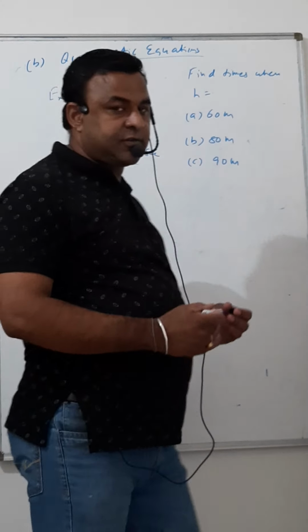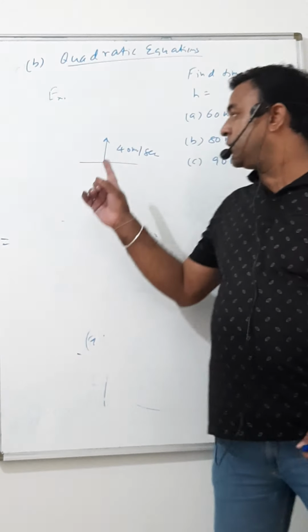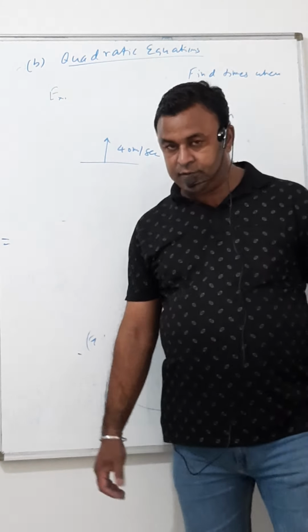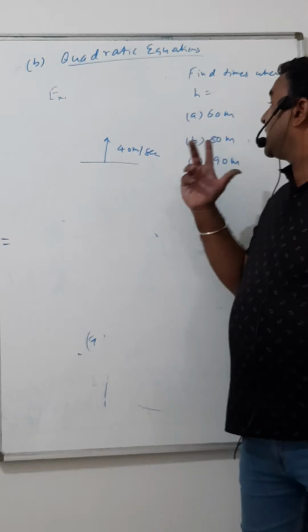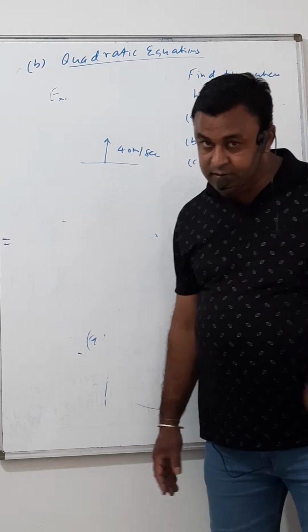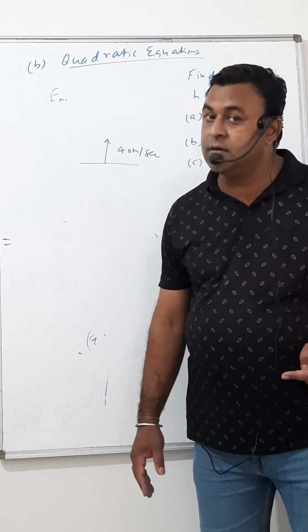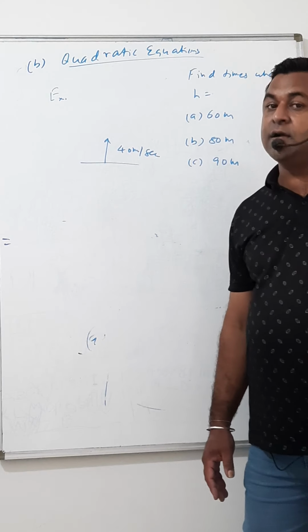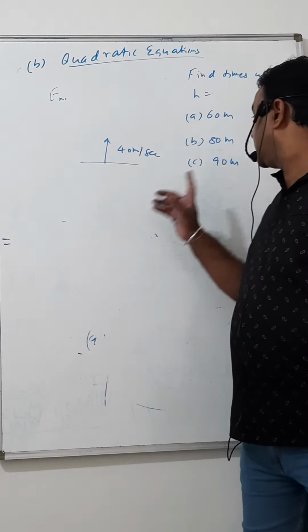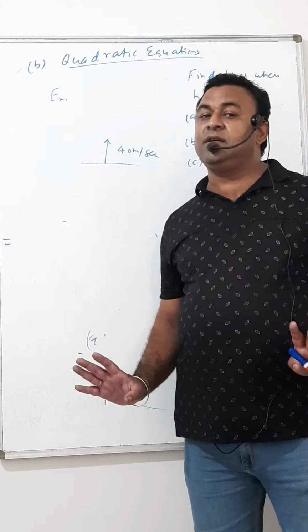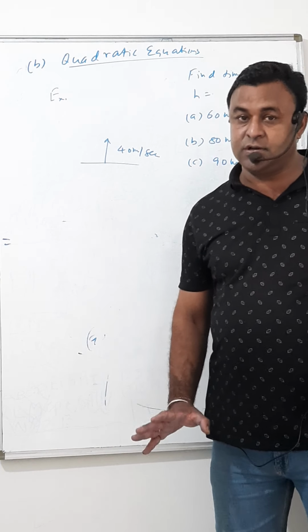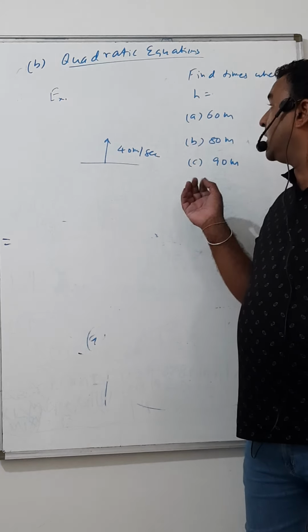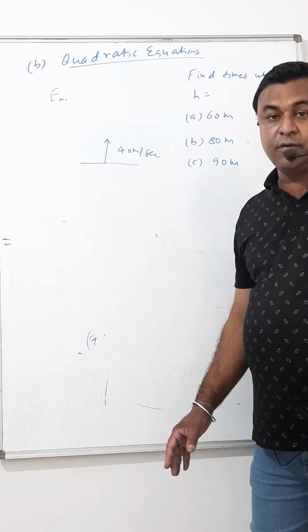It is thrown upwards with 40 meters per second, right? Now I'm asking when it reaches 60 meters, what is the time; when it reaches 80 meters; when it reaches 90 meters. At these three values of h, the height, we need to find the value of time.